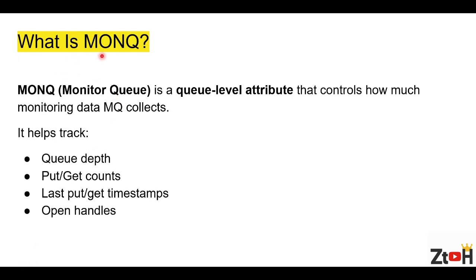What is MONQ? MONQ, which is monitoring queue, is a queue level attribute that controls how much monitoring data MQ collects. It covers queue depth, put or get count, last put or get timestamp, and open handles.